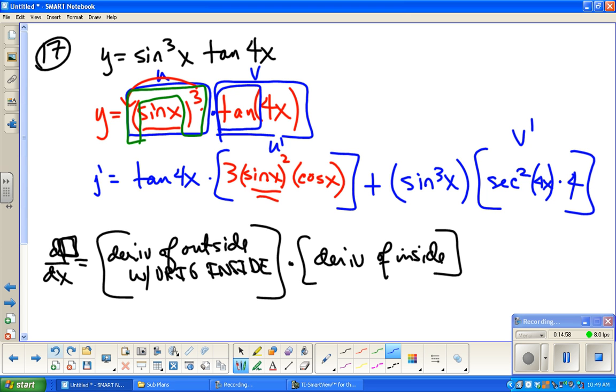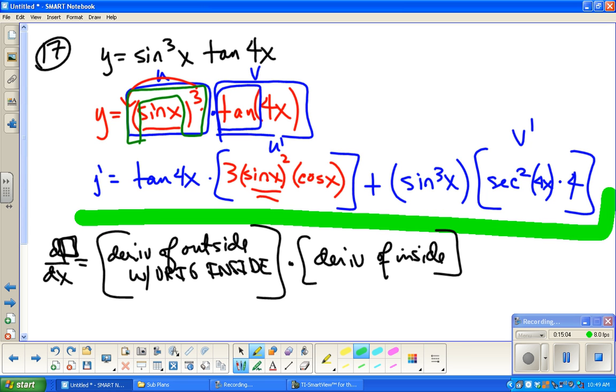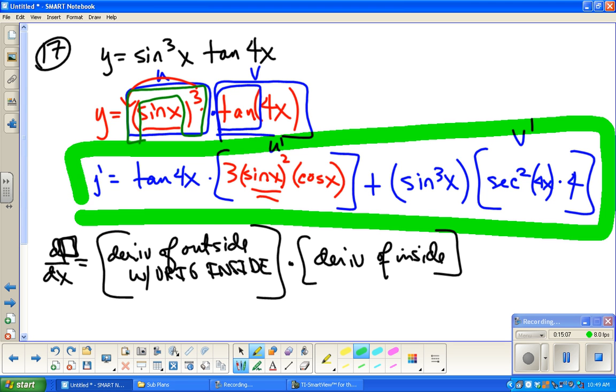So again, I can be done. This is the derivative. Right now, just as it is, I have taken the derivative. It's just an issue of, it's a mess. You know it's not going to look like that in the back of the book. All right, so that was y prime.